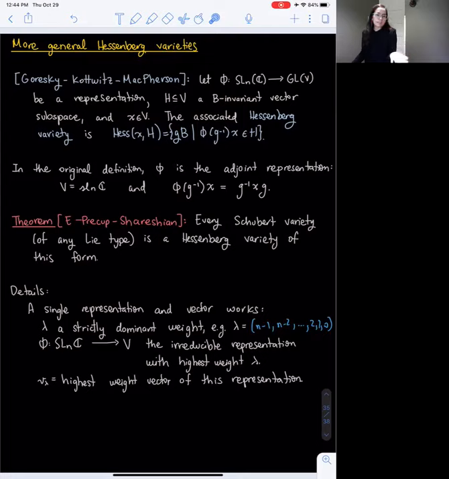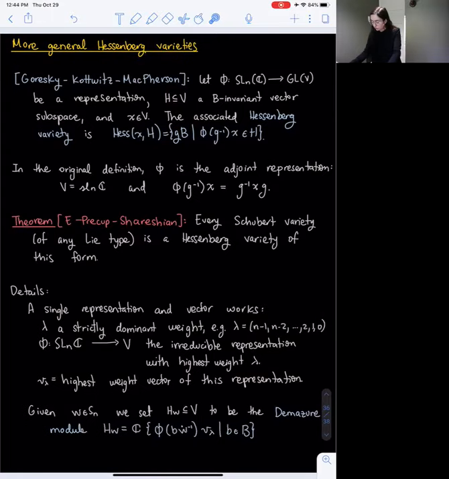And of course, what varies is going to be H. So how do we choose our H? Given a permutation w, H is going to depend on w. We define H sub w to be what is called the Demazure module. If you're not familiar with that, I'll give you a description, and if you are familiar with it, maybe I'm giving you a different description. Let's go inside to out.